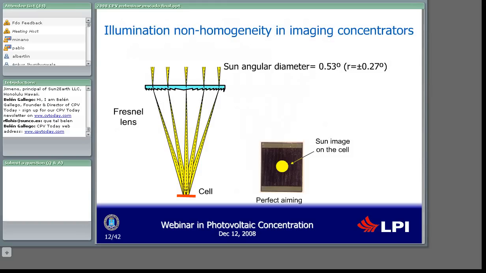And when we move, the tolerance we were talking about before is obtained when we have slight mispointing, so the sun image moves around the cell.